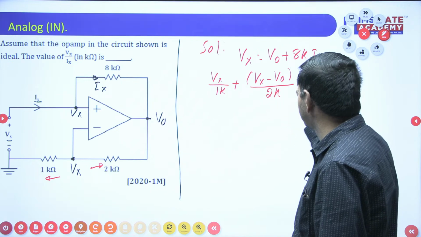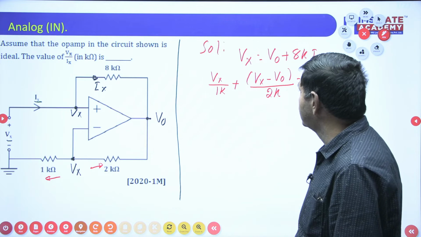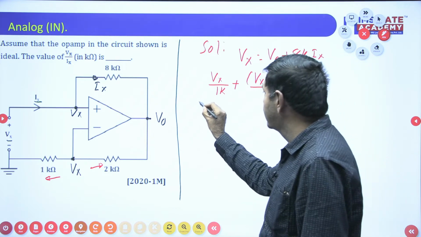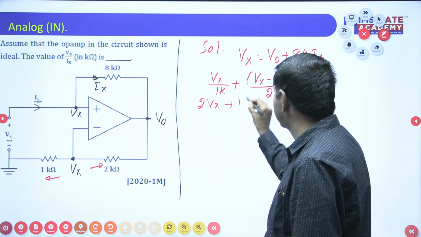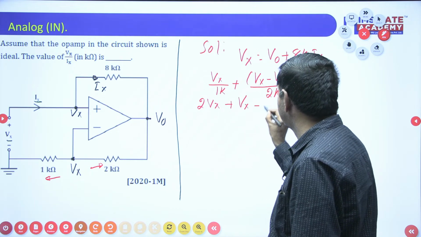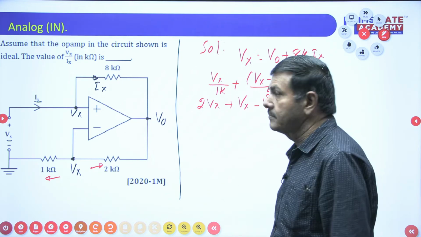I can write here now. This is equal to 0. K cancels here now. So 2Vx I can get. 2Vx. 1Vx minus V naught equal to 0 I am getting here now.